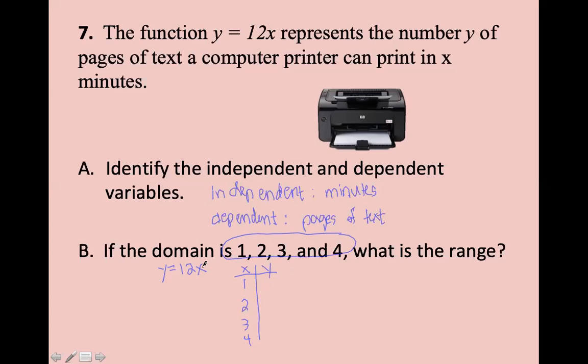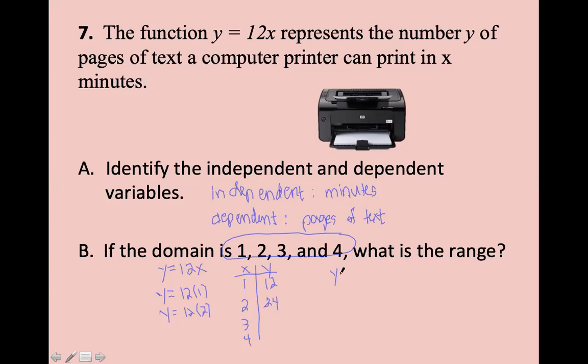So I put in 1 for x, which means my y value when x is 1 is 12 times 1, which would be 12. My y value when x is 2 would be 12 times 2, which is 24.